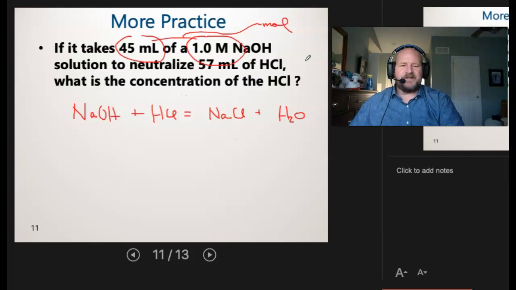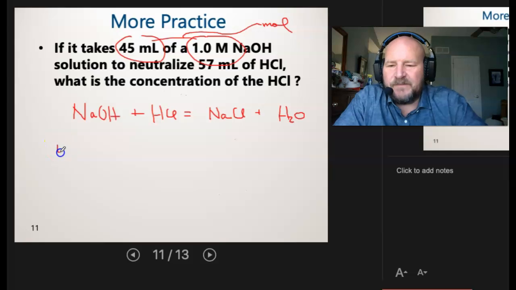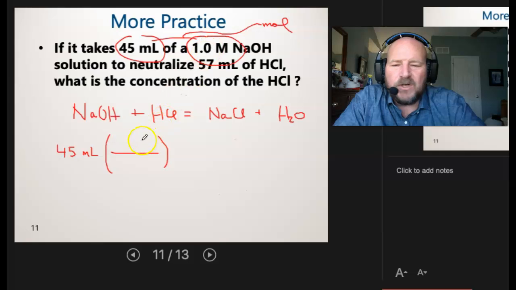Once we have the moles of HCl, we know the amount of HCl that was in our sample. That gives us the concentration. So we're going to take 45 milliliters. And we know that's going to be 1 mole per liter.